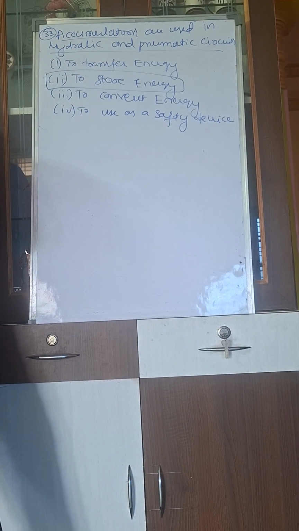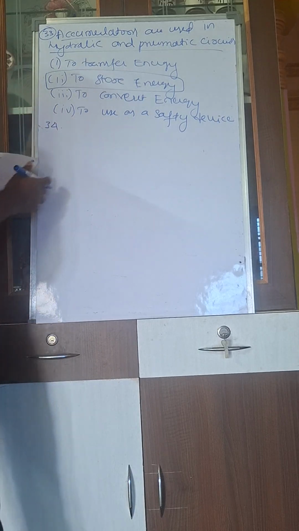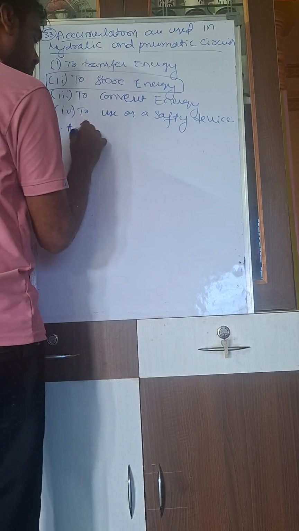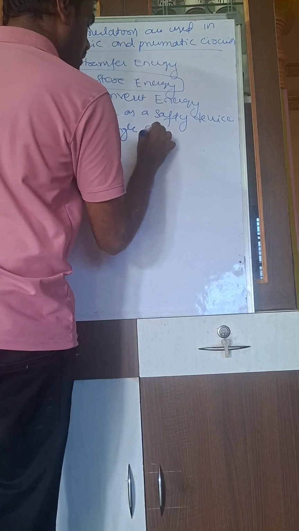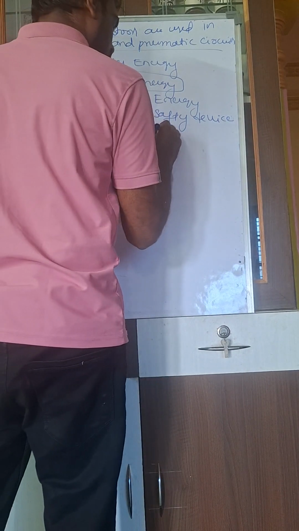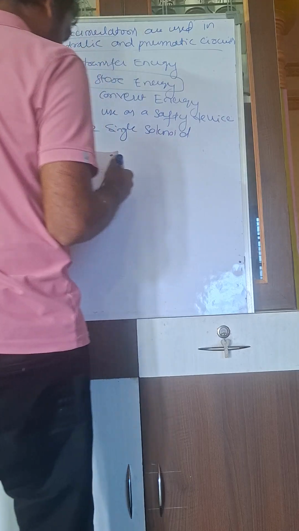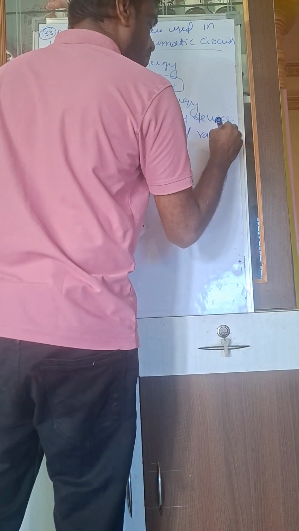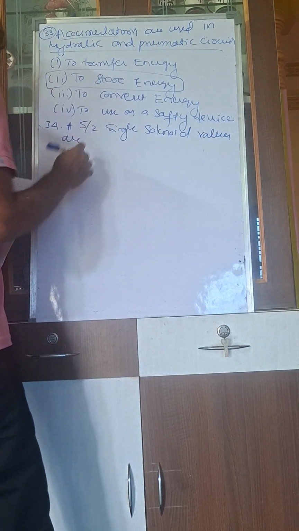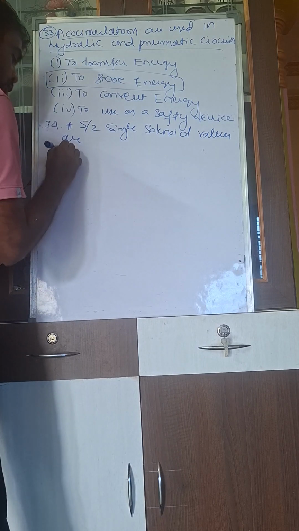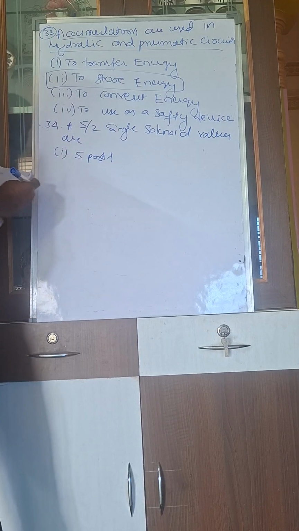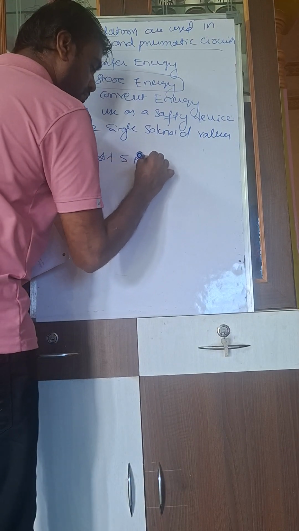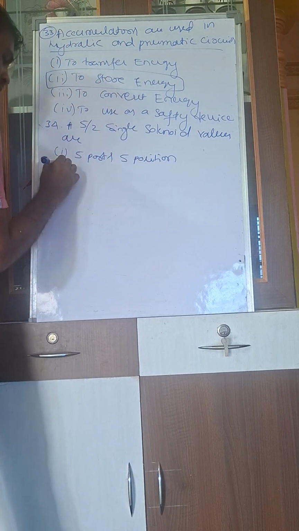See, in the 34th question, 5 by 2 single solenoid valves are, first one, 5 ports and 5 positions.